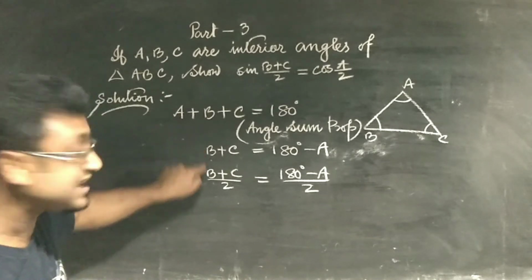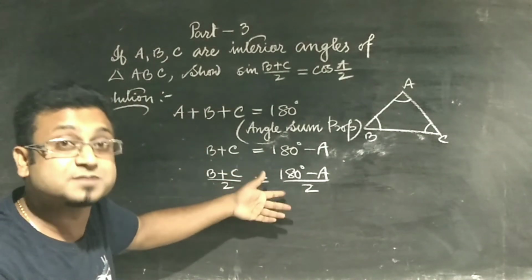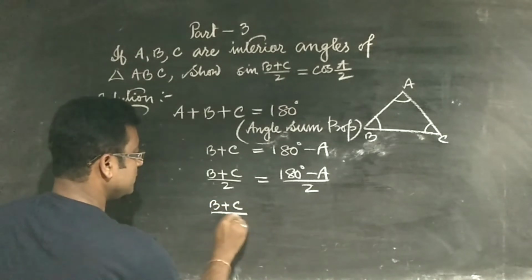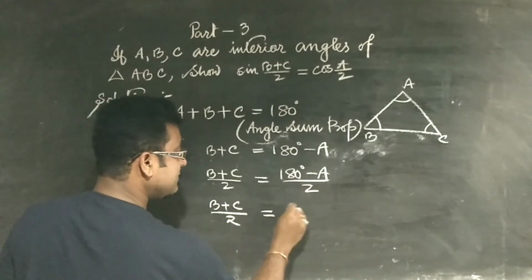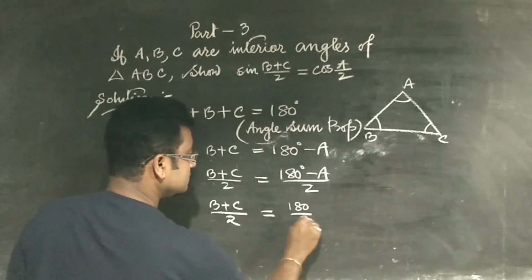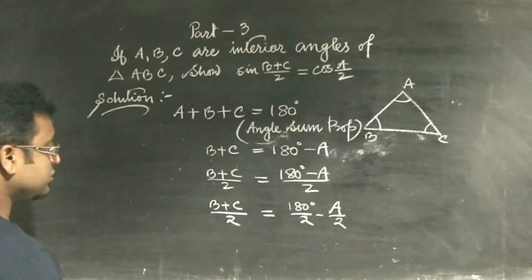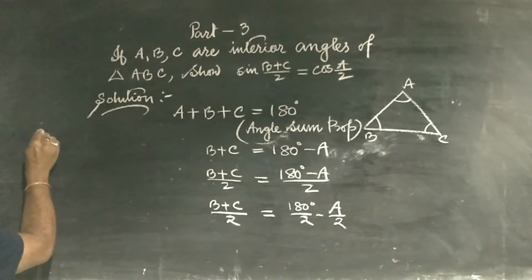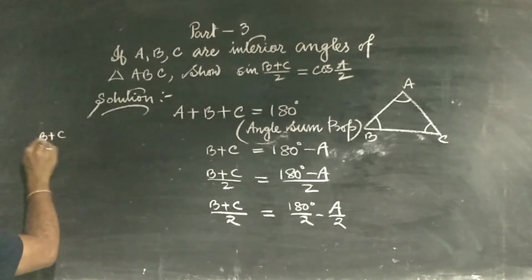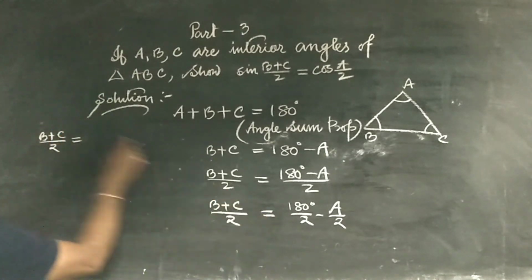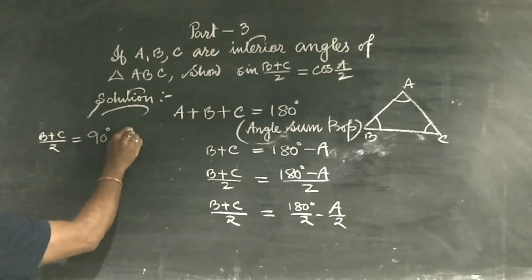If I divide this side by 2, the other side also must be divided by 2. Now B plus C by 2, I am going to get 180 by 2 minus A by 2. Till now it is clear. So B plus C by 2 equals 180 by 2, which is 90. So from here we got 90 degrees minus A by 2.